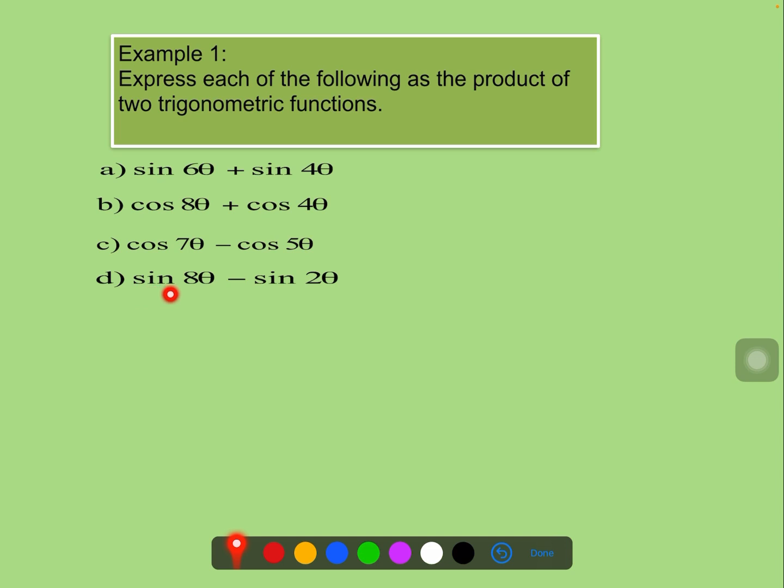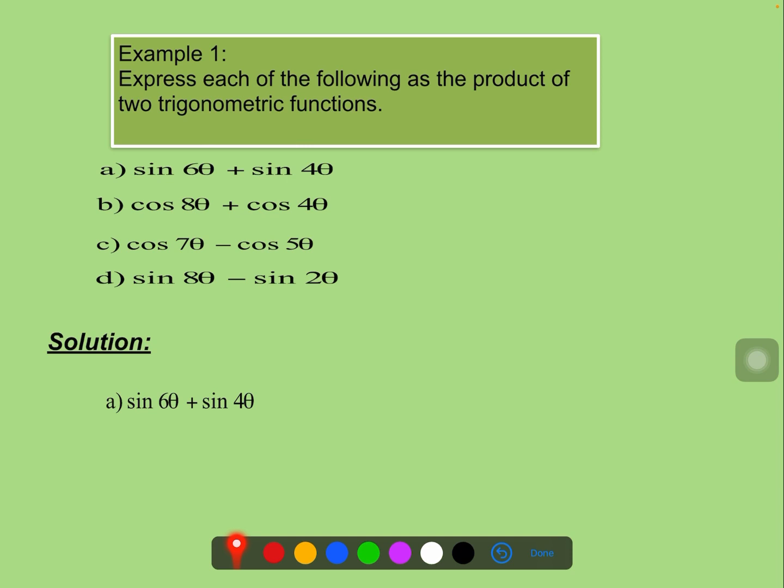And D: sine 8 theta minus sine 2 theta. We will do the first one. Remember that our final answer should be the product of two trigonometric functions.